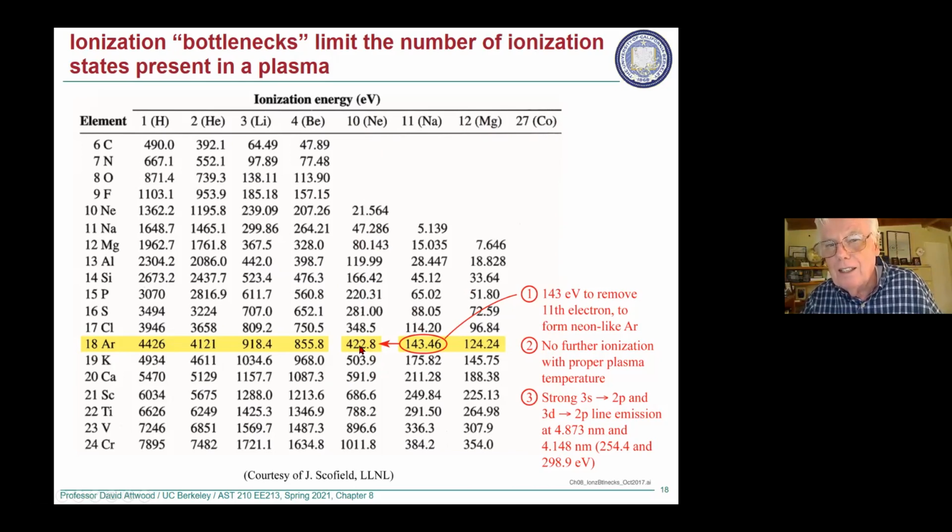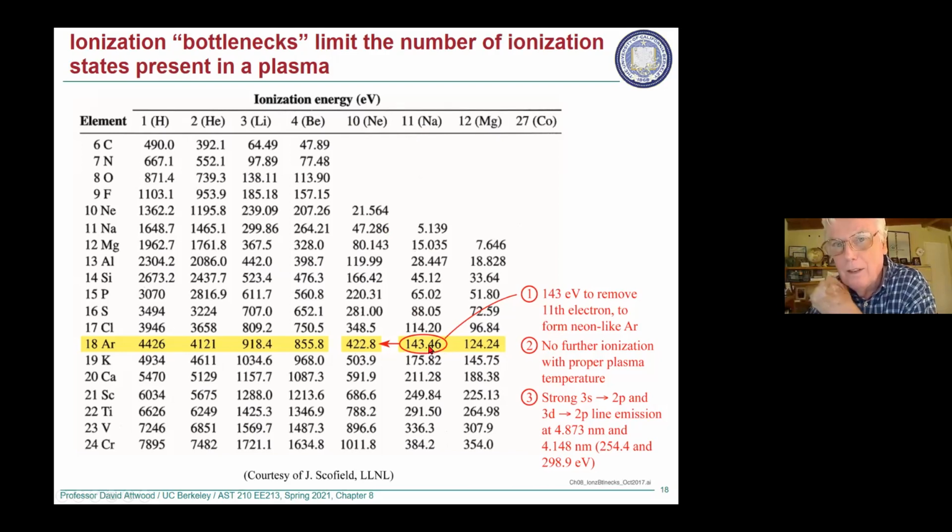So the neon is a closed shell. So it's a kind of high energy, 420 something eV, to remove one of those 10 electrons. But for that same argon ion, if it had 11 electrons, sodium-like, okay, it would take only 143 eV to remove that electron. So removing these electrons is relatively easy.